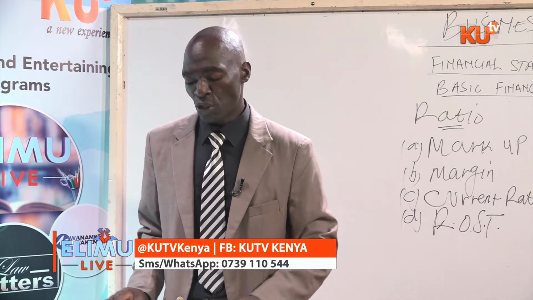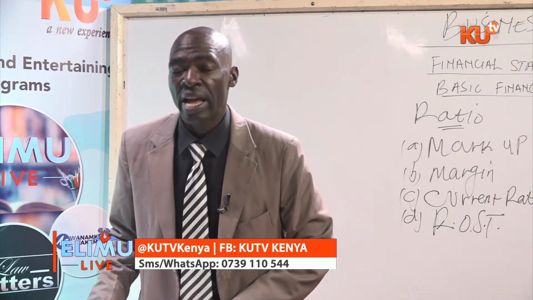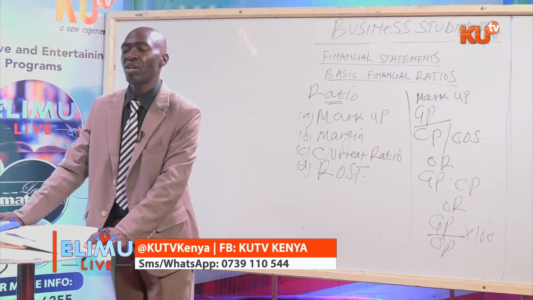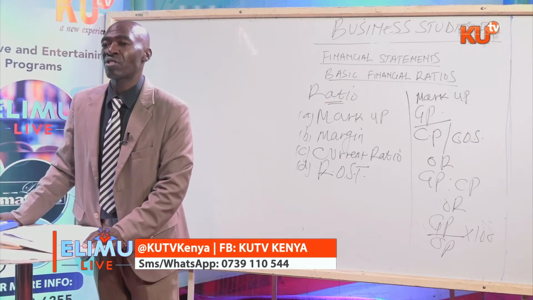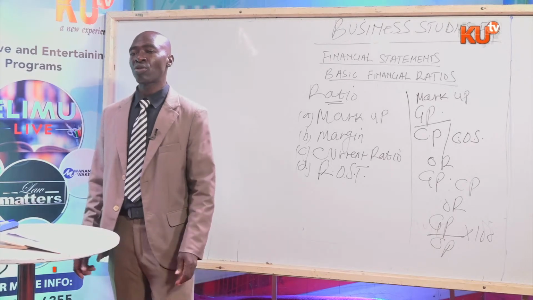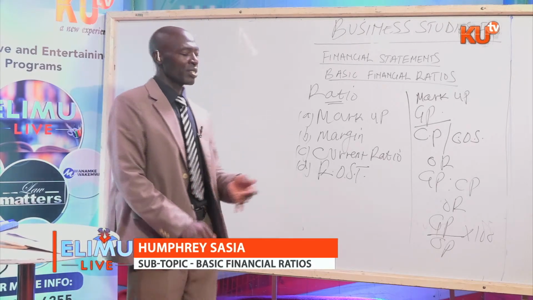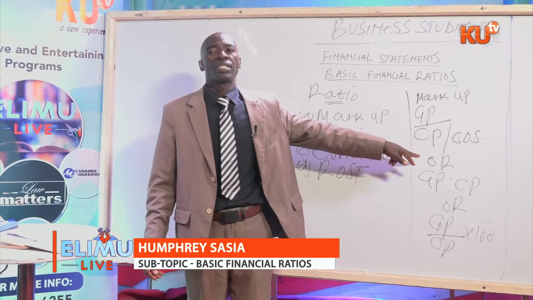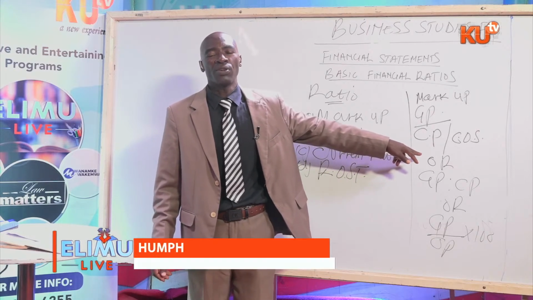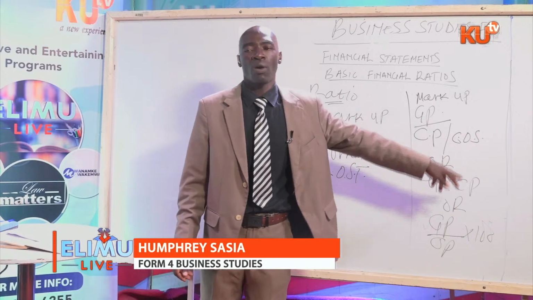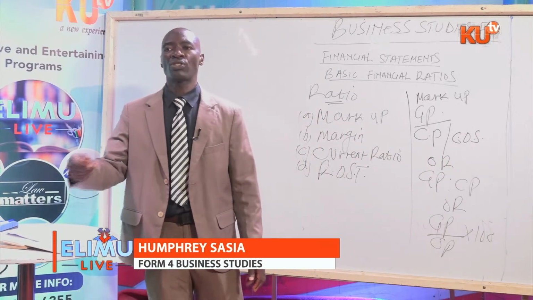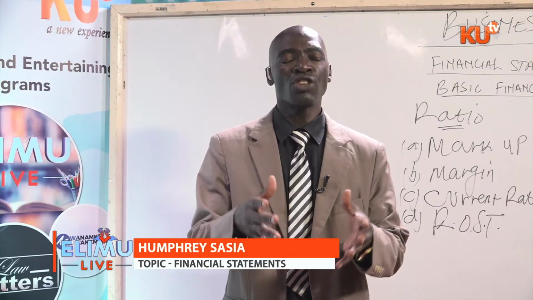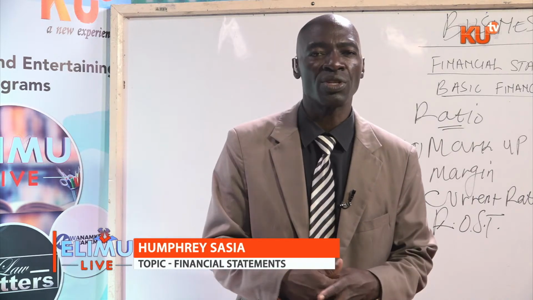Down there, I wish to explain the abbreviations. GP refers to gross profit, and CP means cost price stroke COS, that is cost of sales or cost of goods sold. CP is the cost of the goods that you are selling: the amount of money you spent, the resources you spent on the goods that you are now selling to your clients.